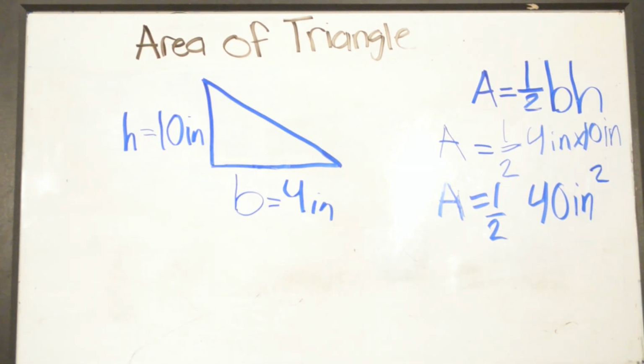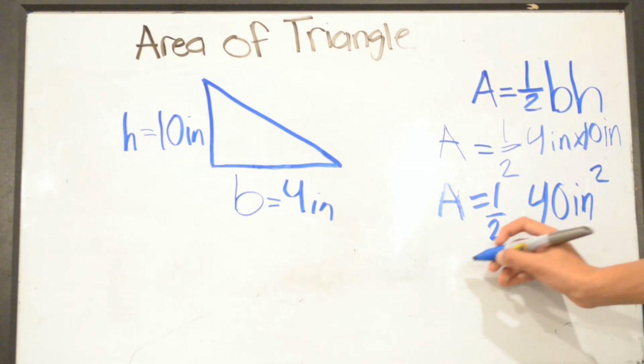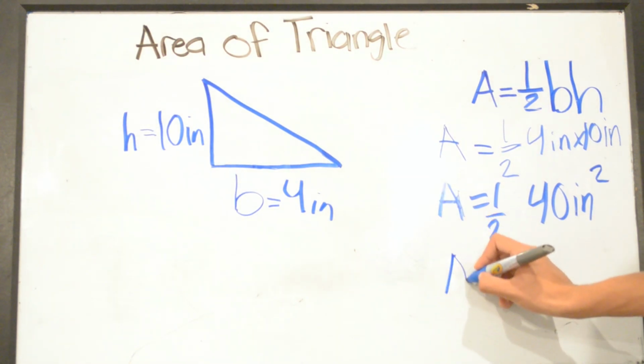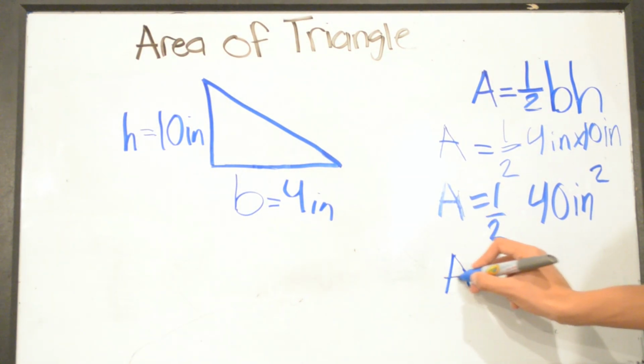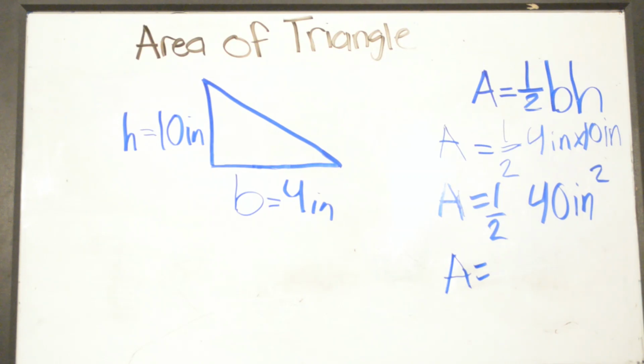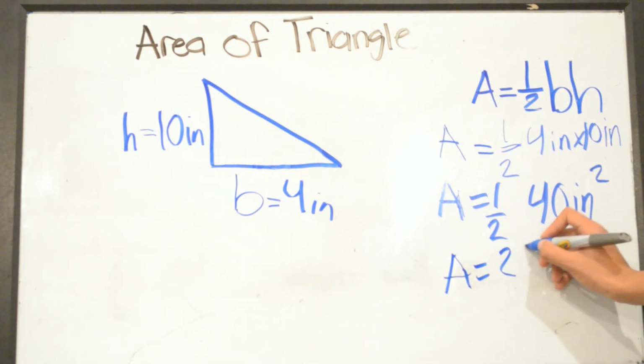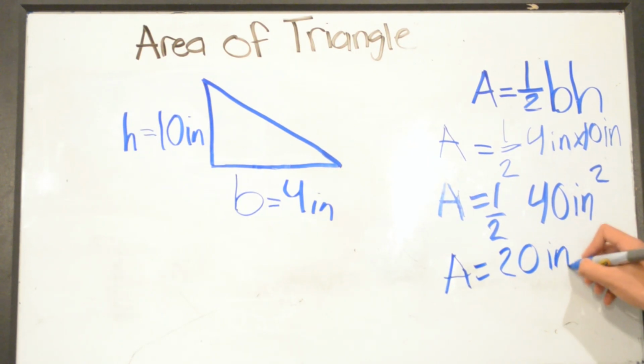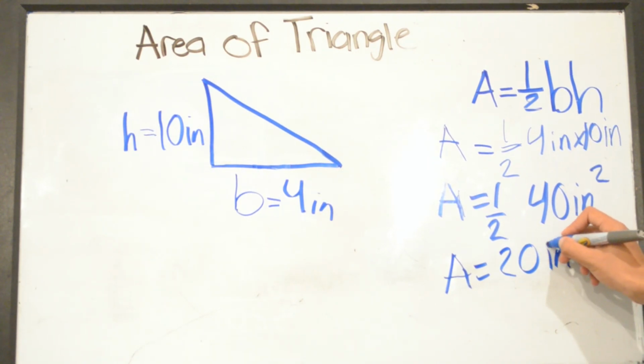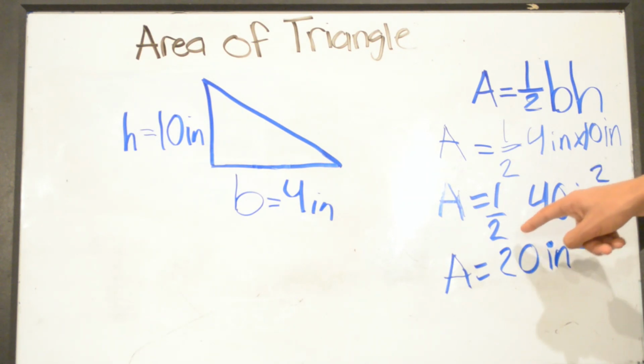The half of 40 is 20. So our final answer is 20 inches squared. The reason why our answer is 20 inches squared is because 40 divided by 2 is 20.